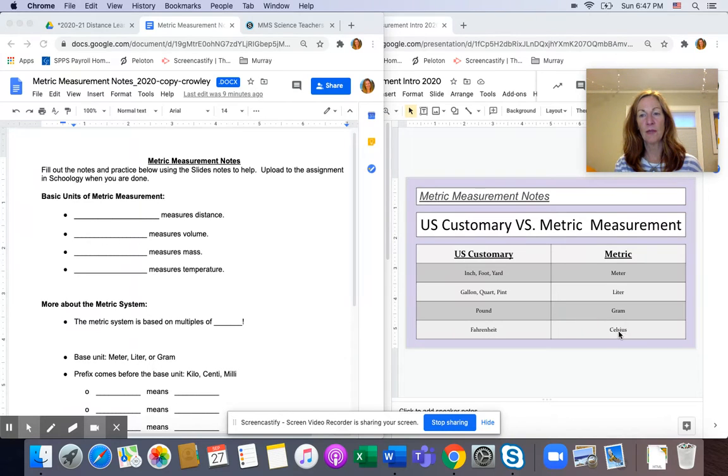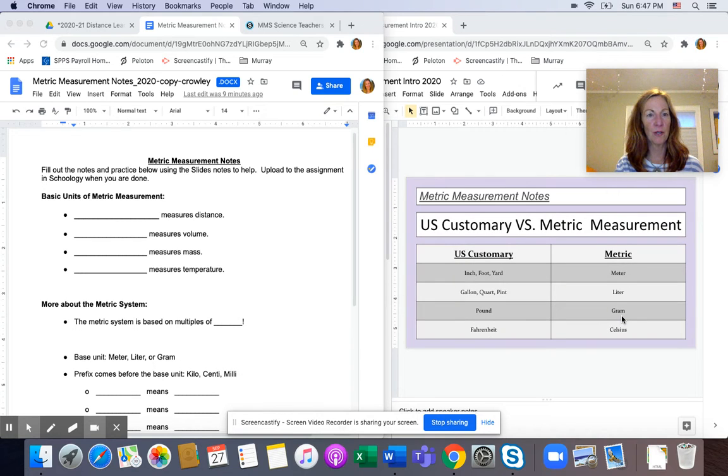And Celsius always stays the same, but with meters and liters and grams, we just change those words by adding prefixes. So there's fewer words to remember. But again, they're new to us because we don't actually use them in the United States. So that's why we have to review it every year. So we got meters, liters, and grams. Those are the basic units of the metric system, all right?